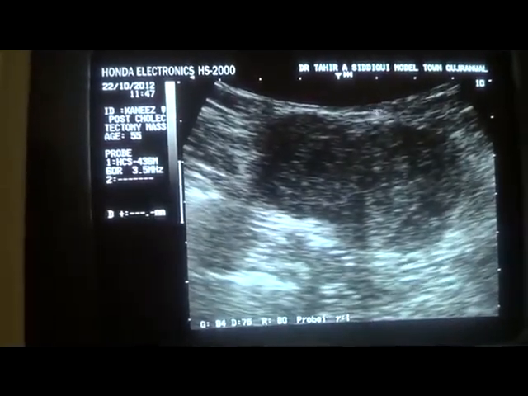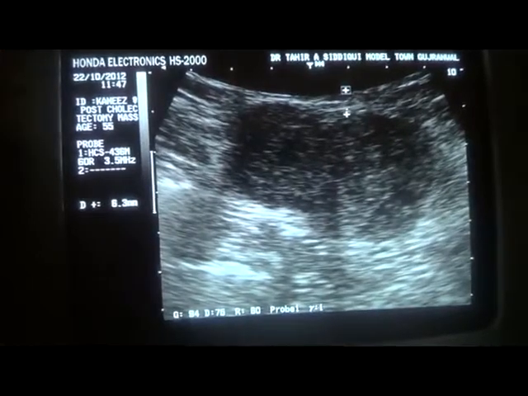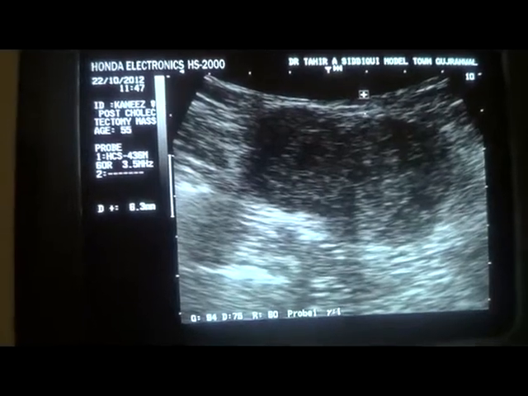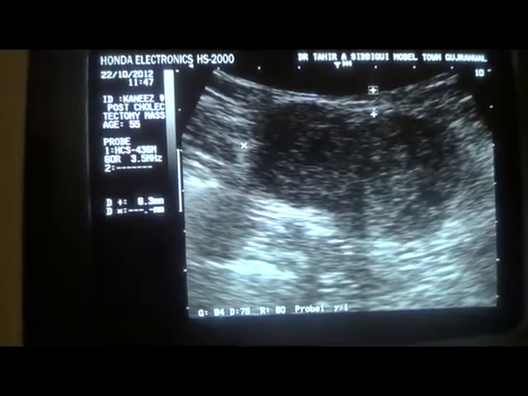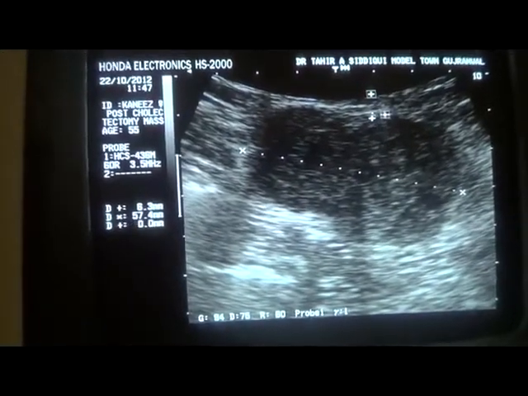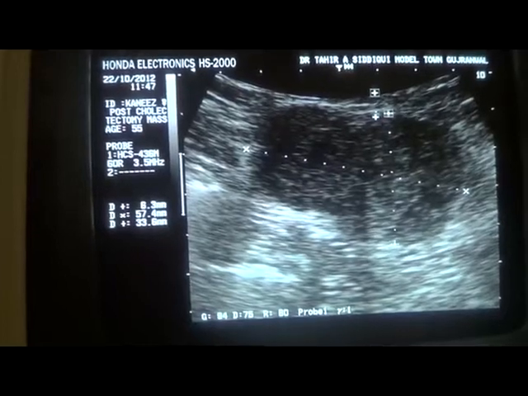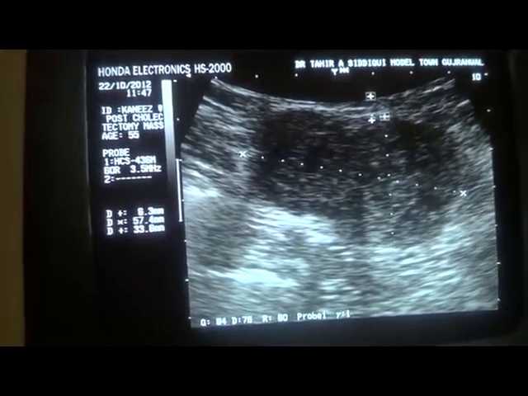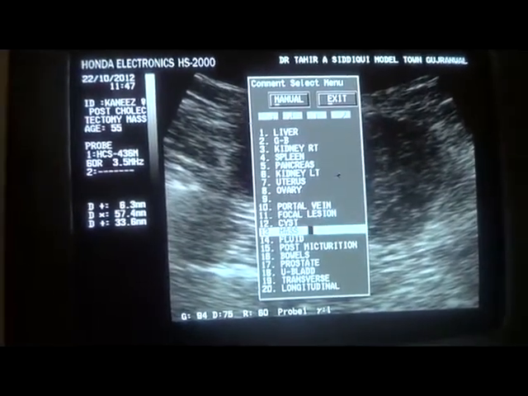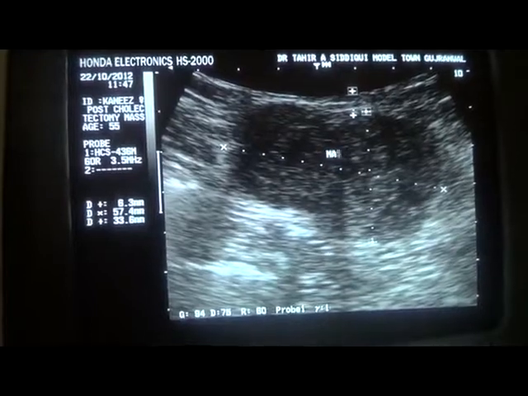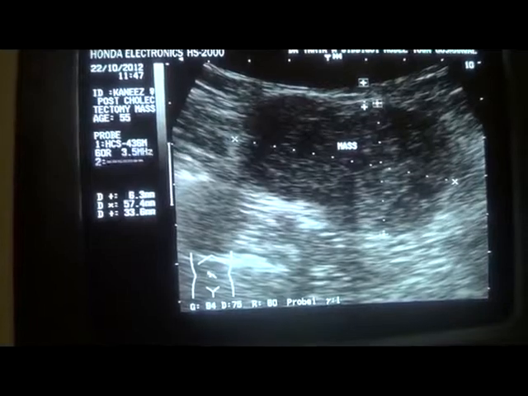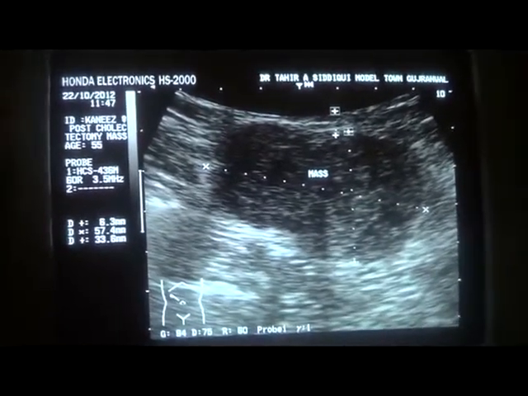You see that this mass is also approximately 6.3 millimeters below the skin, just below the right hypochondrium, posterior to the initial mass, measuring approximately 5.74 by 3.34 centimeters. So this is the second one, and it is seen in this region with the patient in supine posture.